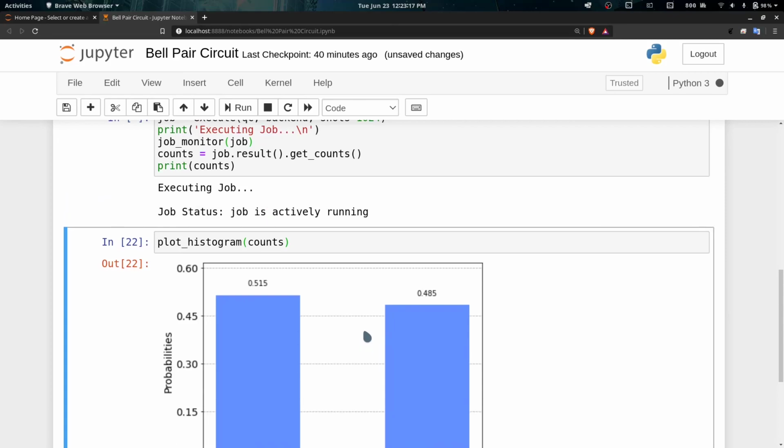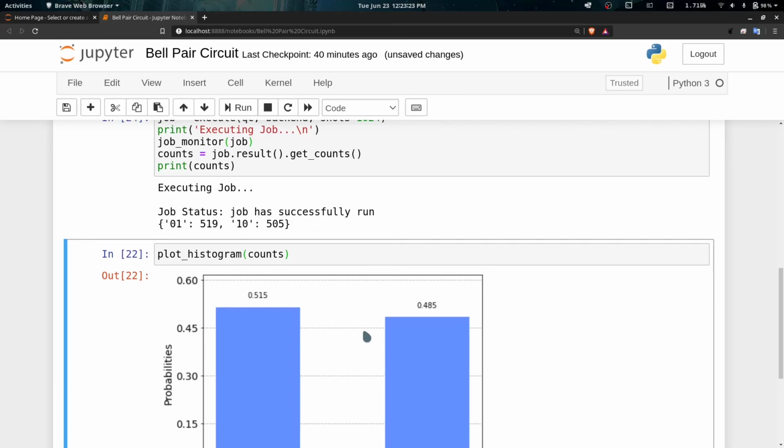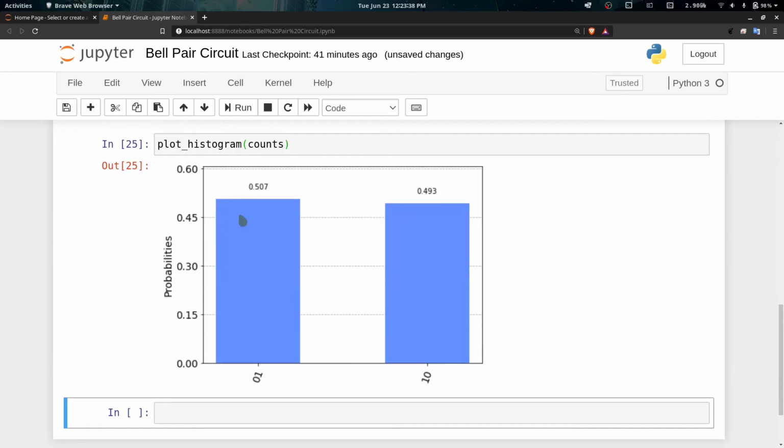But the negative phase would not affect the result, of course. There you go. It shows 0 1 519 times and 1 0 505 times. And now let me plot the histogram, and you can see it's almost 50% probability of being 0 1 and 1 0.